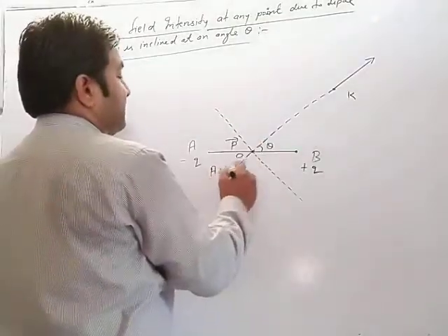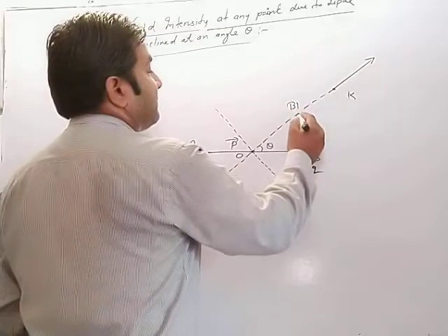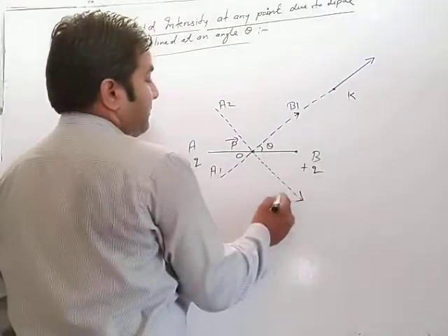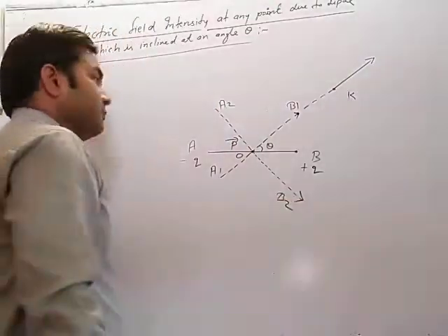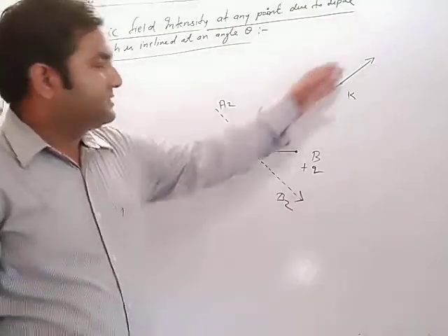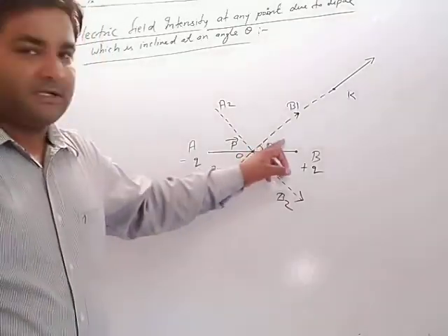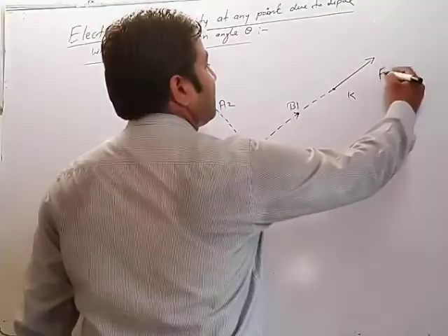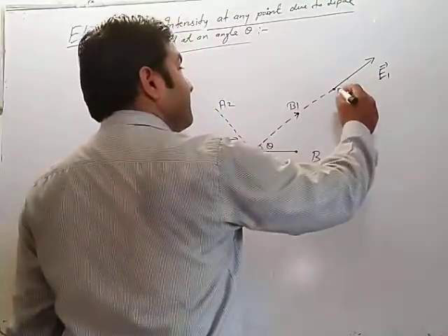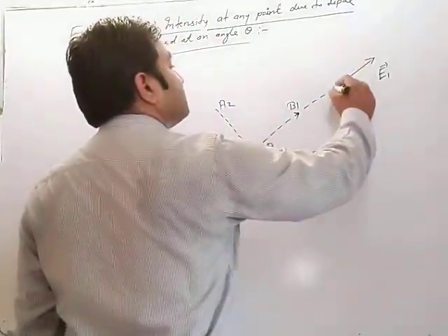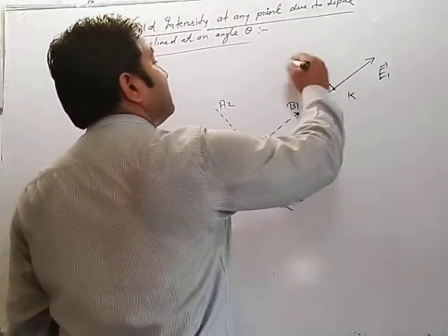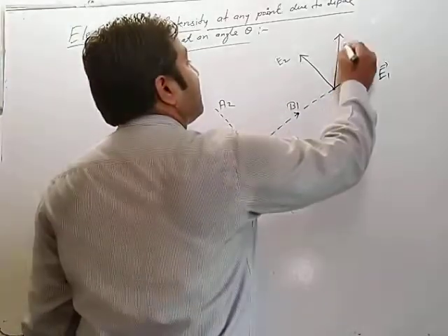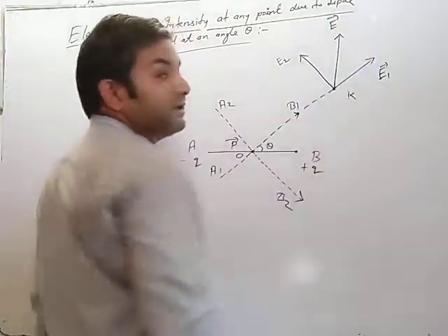Suppose this one is the starting line, that is A1, B1, and here A2, B2. So along this axial line that makes an angle theta with the direction of dipole moment, the intensity is E1, and perpendicular to this, the intensity is E2, and the resultant of these two makes an angle.